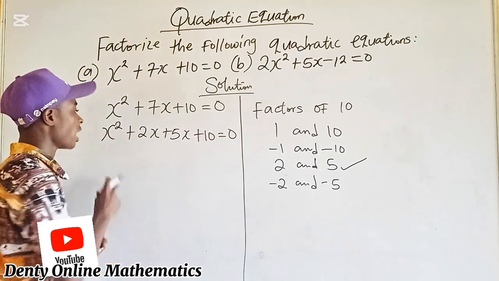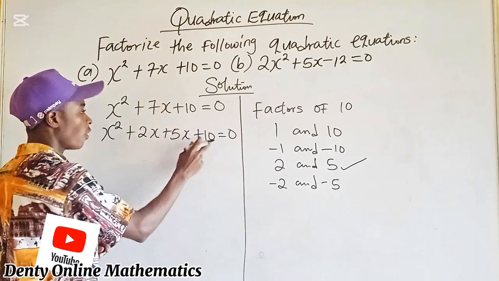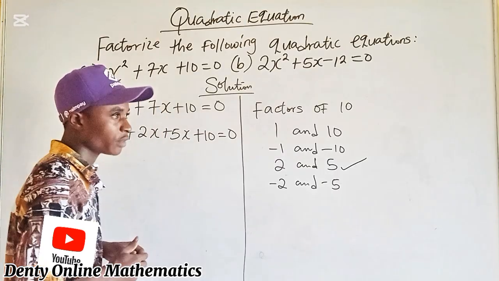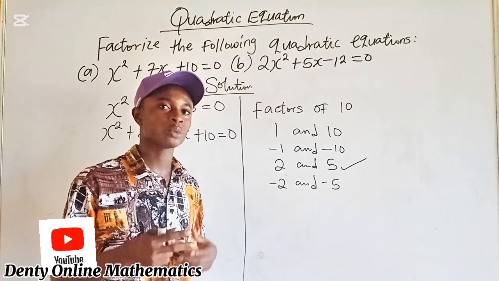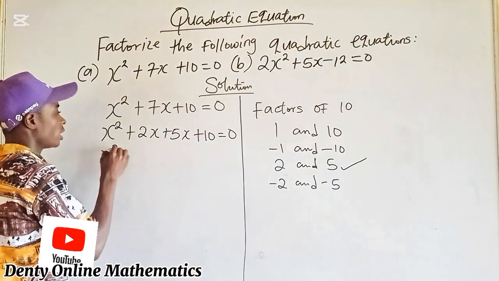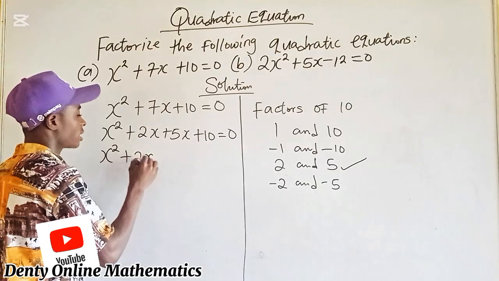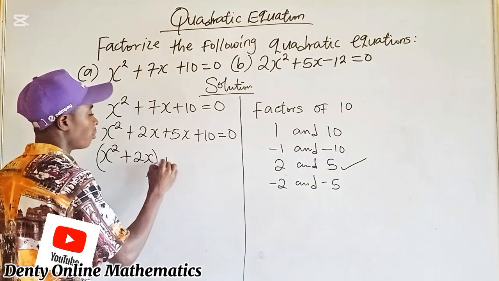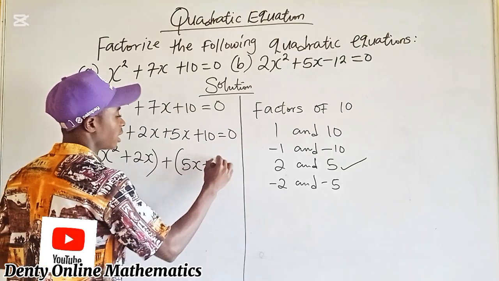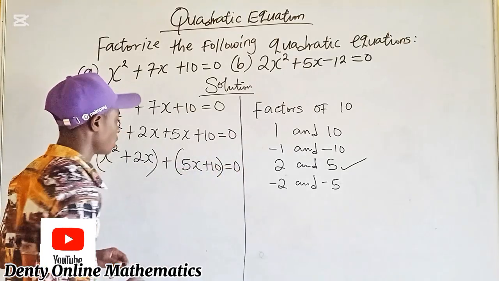Now, as you can see, we have 4 terms here, so you are going to group them. If you have 4 persons and you're grouping them, you can group them by 2, 2. So I'm going to have x squared plus 2x in one group, plus 5x plus 10 in the other. All of this is equal to 0.